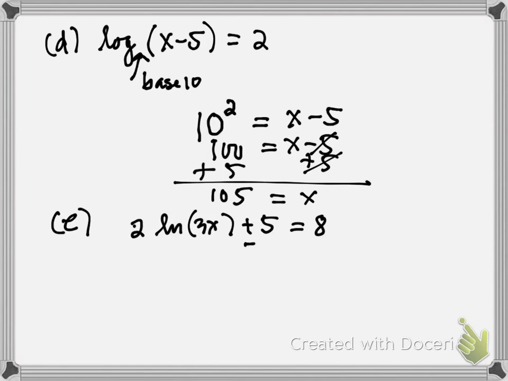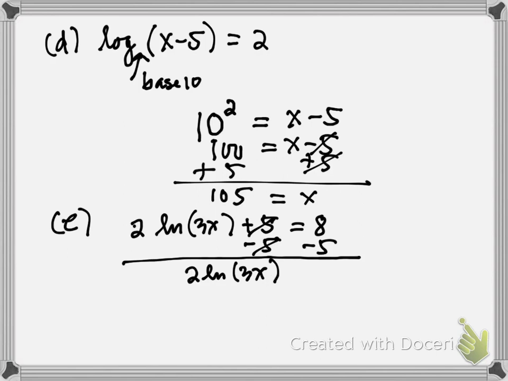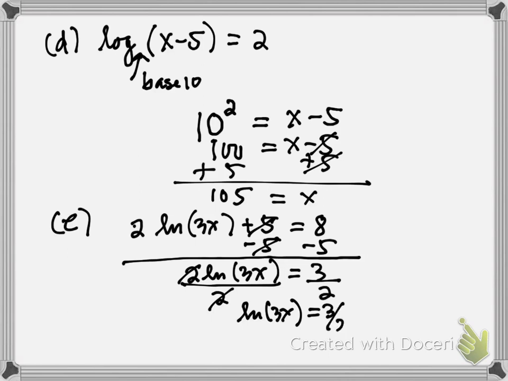So first I do a minus 5. Don't divide yet. Do the minus first. So that's 2 ln 3x equals 3. Then I divide by 2. This gives me ln 3x equals 3 halves. So I see an ln.